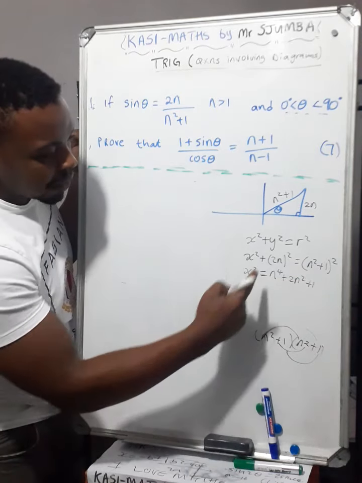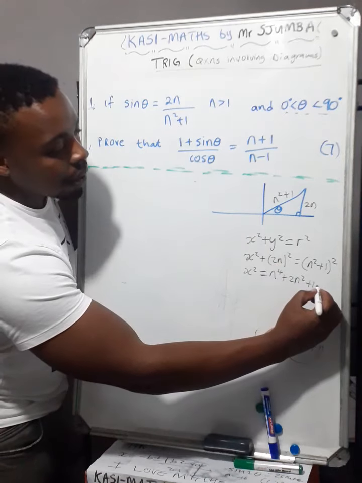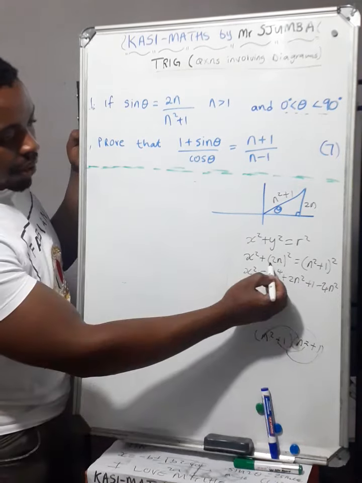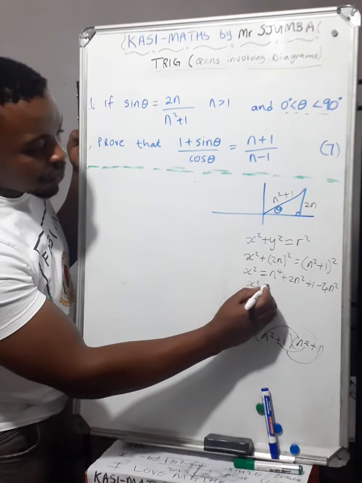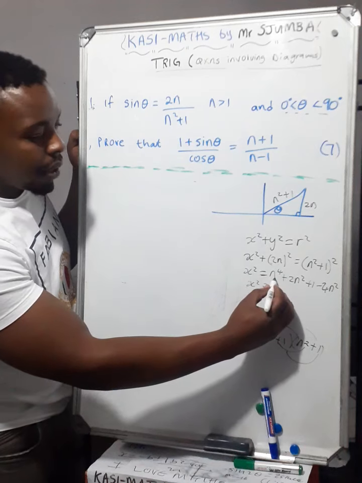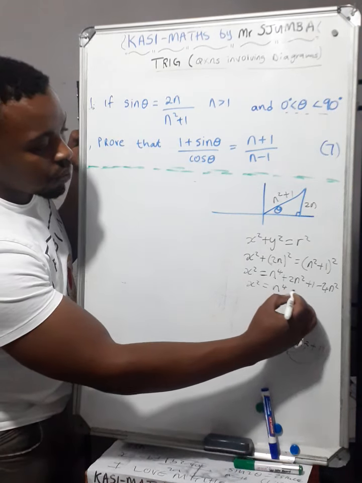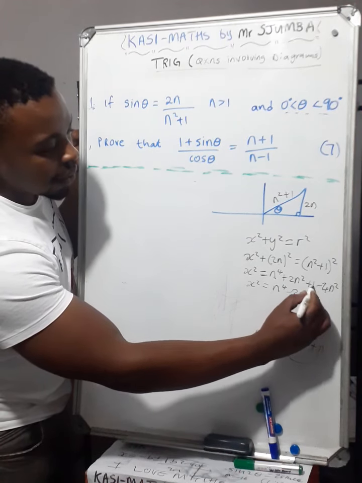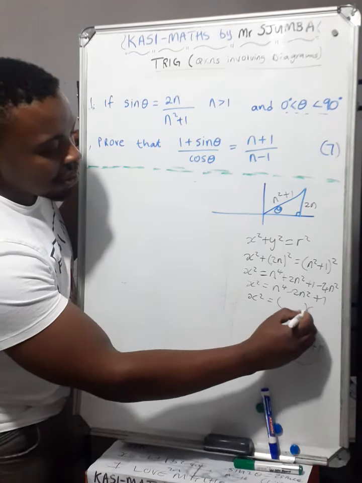plus 1. Then (2n) squared is 4n squared. So x squared equals n raised to 4 plus 2n squared plus 1 minus 4n squared. So we can factorize.